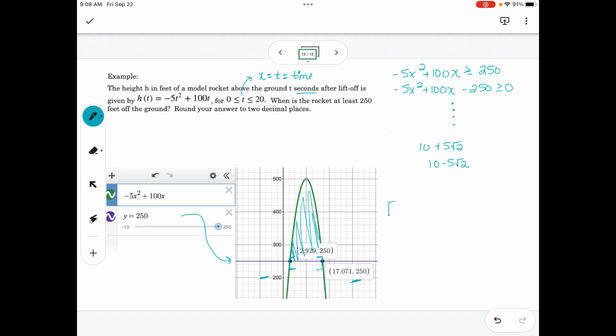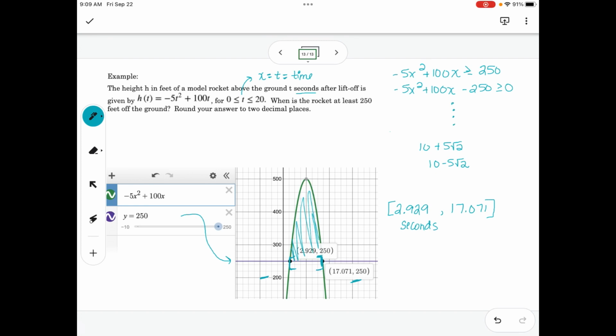So our interval in this case is between 2.929, because we're in seconds, it makes more sense to put seconds rather than 10 minus 5 square roots of 2, all the way until we reach 17.071. Again, we're in seconds. So in between about 3 seconds and 17 seconds, our rocket is at least 250 feet off the ground. Anywhere else, before 3 seconds and after 17 seconds, we are less than 250 feet off the ground.